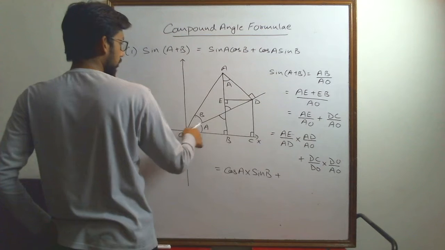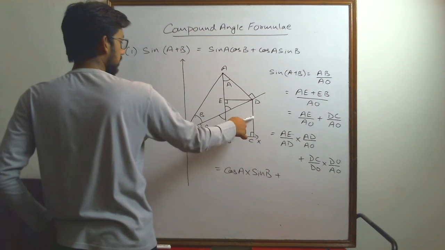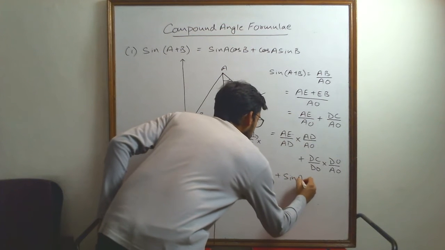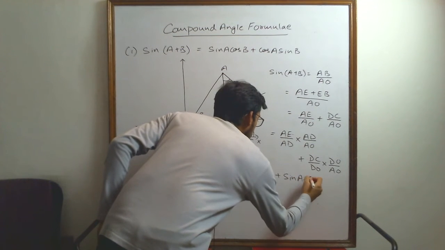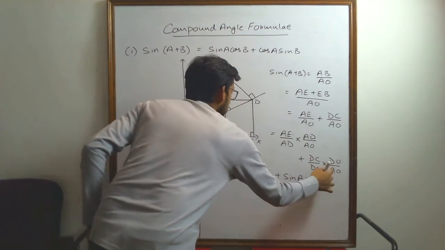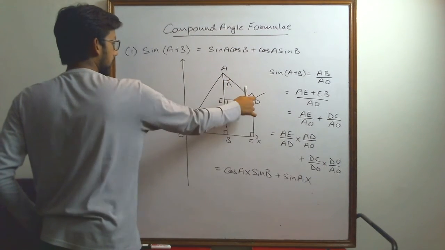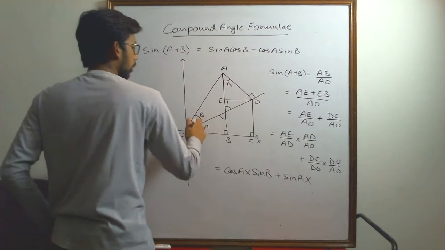DC upon DO in the triangle DOC will be opposite upon hypotenuse for angle A. So this is sine A, and DO upon AO. DO upon AO in the triangle DAO will be cos B.